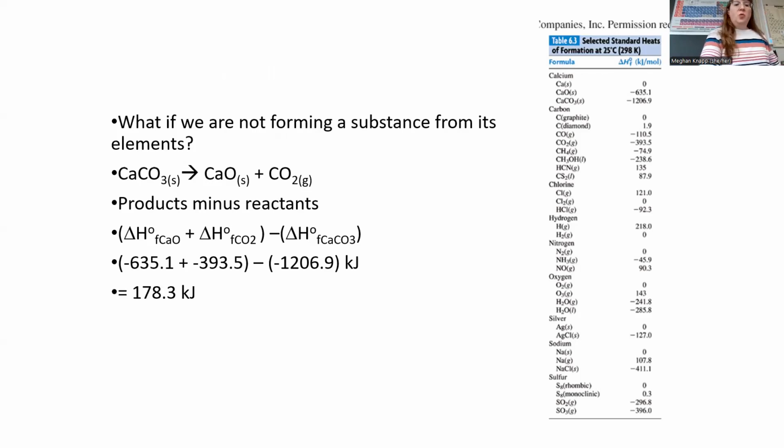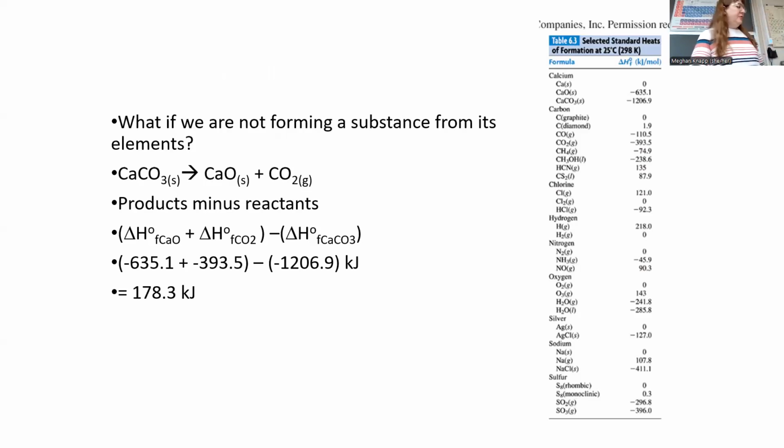So when I add that all up, I should end up with 178. So this first part, the products, was about negative 1,000. The second part, we're adding on the 1,200. And so the difference between them is right about 200.